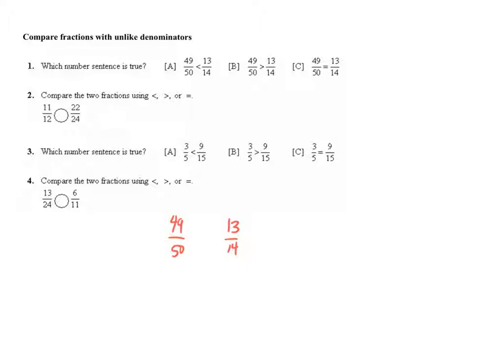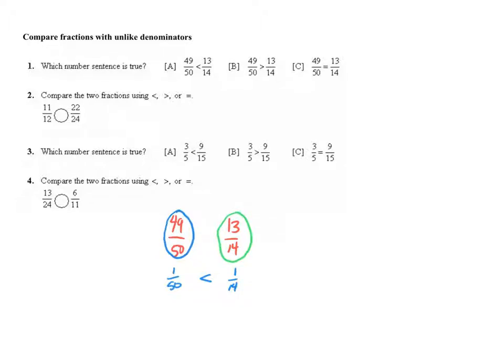I notice that both of these fractions are very close to 1 whole. My first fraction is actually 1/50th away from 1 whole, and my second fraction is 1/14th away from 1 whole. 1/50th is a very small part. As a matter of fact, it is a smaller part than 1/14th, which means that the part that this fraction right here is missing is a smaller part than what this fraction is missing.